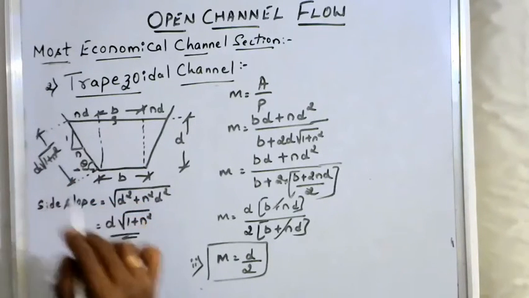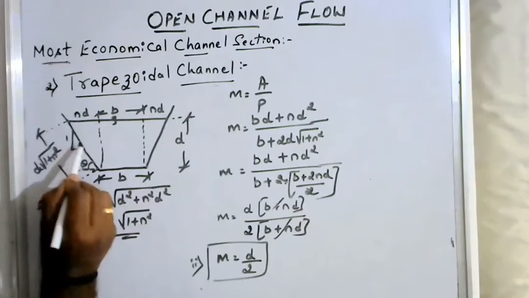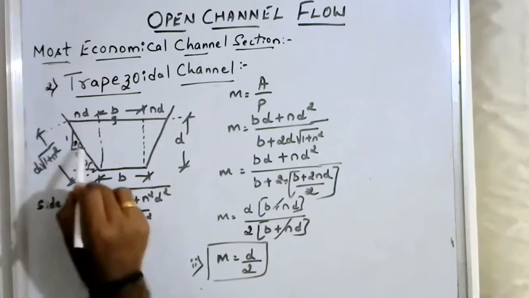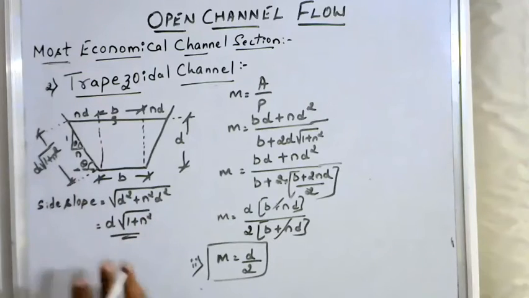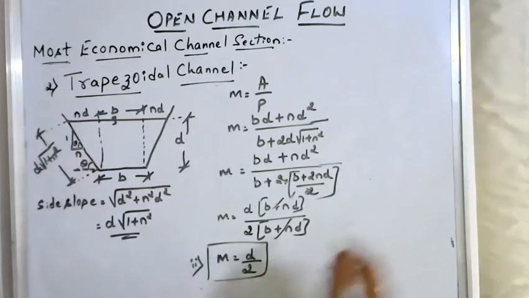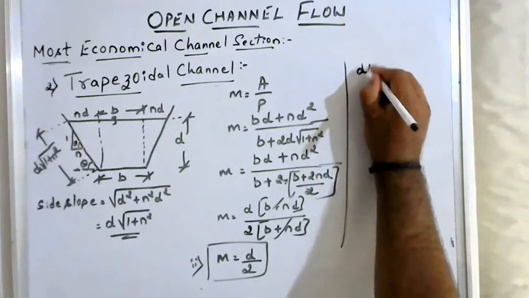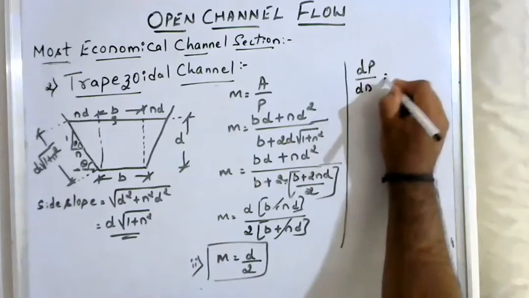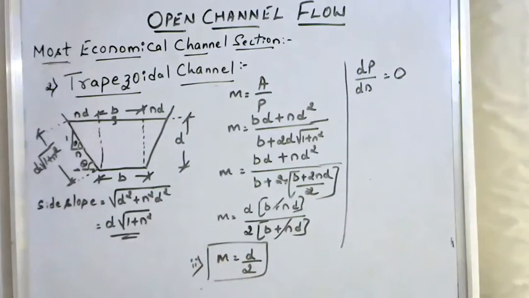Tan theta is opposite by adjacent, and this inside angle is also theta. So tan theta is equal to 1 by n. If you get the value of n, you can find the value of theta. So the condition I will use is differentiating the wetted perimeter with respect to the side slope and equating it to 0, which gives the value of n for this trapezoidal section.